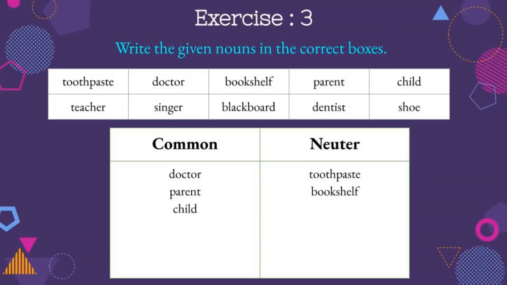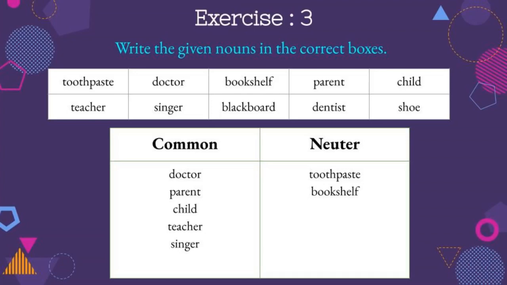And the next word is child. Child is also a common gender because child can be both male and female. So write the noun child in the common gender box. And the next word is teacher. Teacher is also a common gender because it can be both male and female. So write the noun teacher in the common gender box.